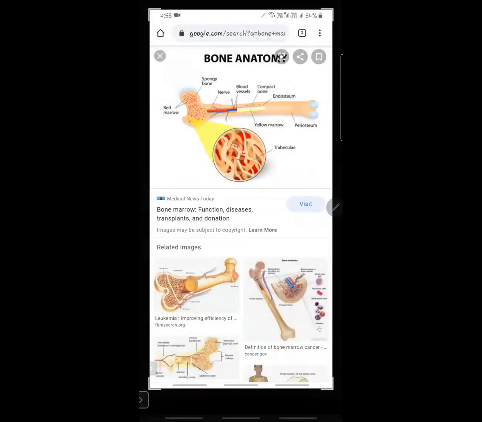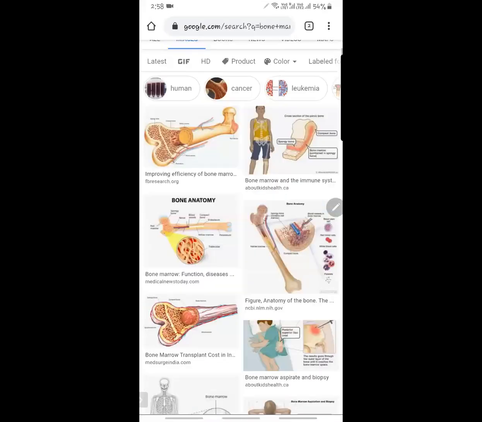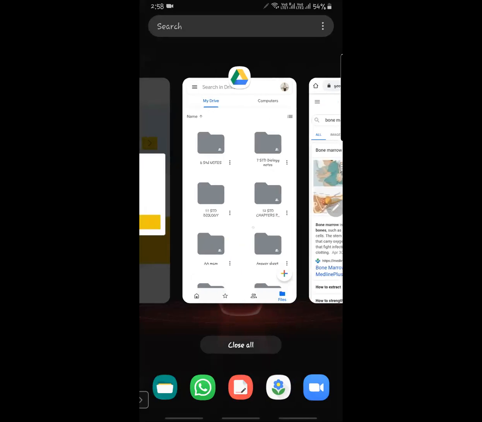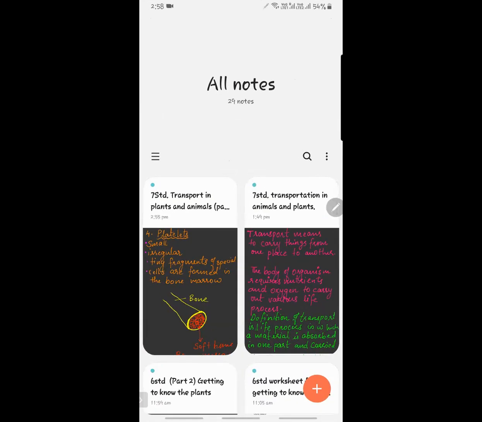This is completely bone marrow. This part is zoomed out, and you can see this mesh-like network forms the bone marrow. Okay, you can leave, there is no doubt.